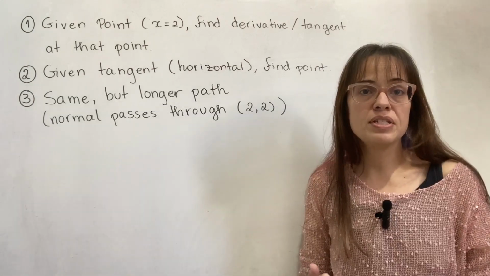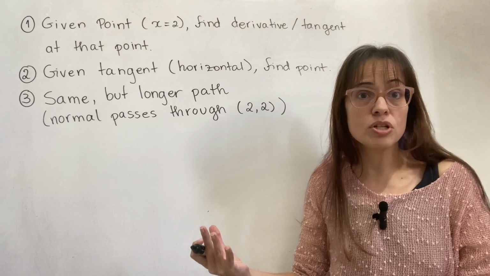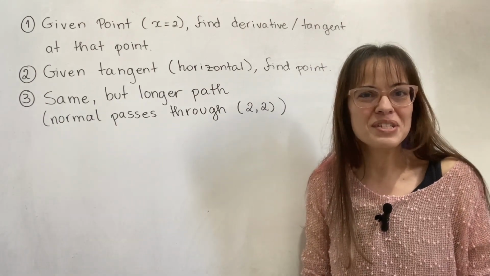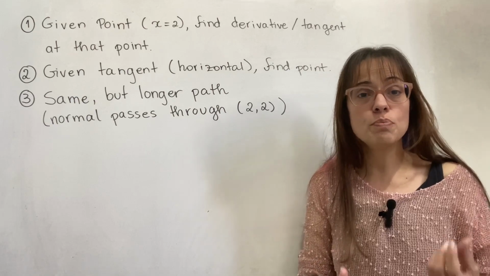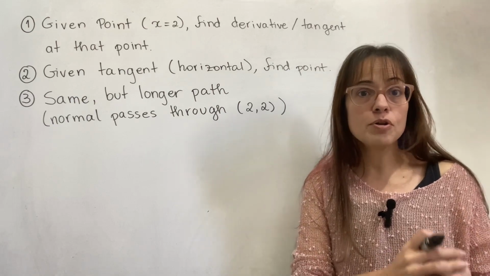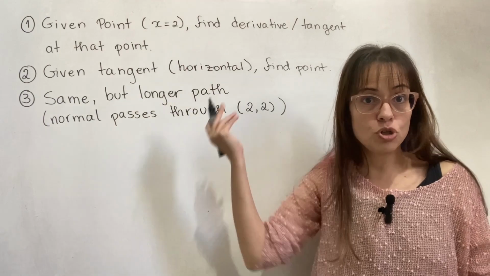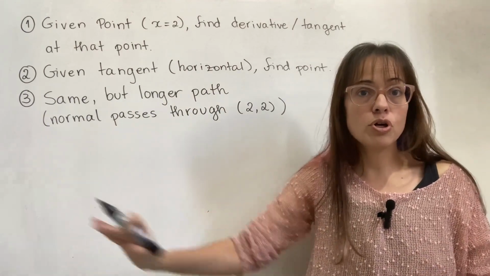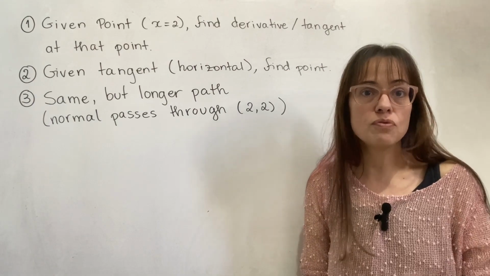The information that was given in that case was not about the tangent line, it was about the normal line, but that's not what makes the difference. The difference is that you had to be comfortable working with a letter p instead of with a number 2 for a longer number of steps before you got to an equation that you could then solve to find the value of p.